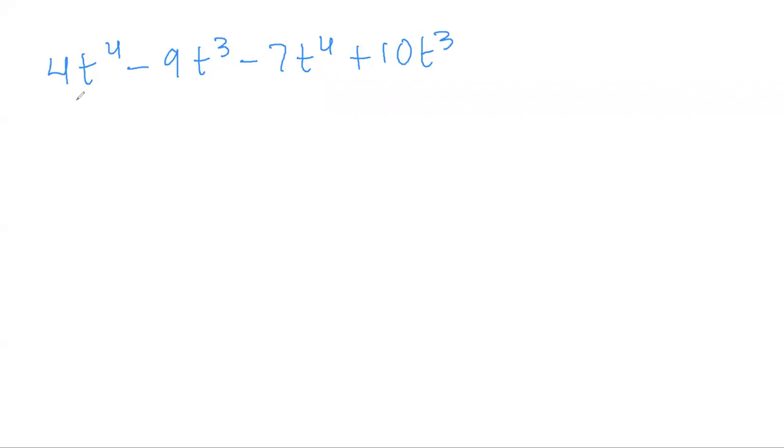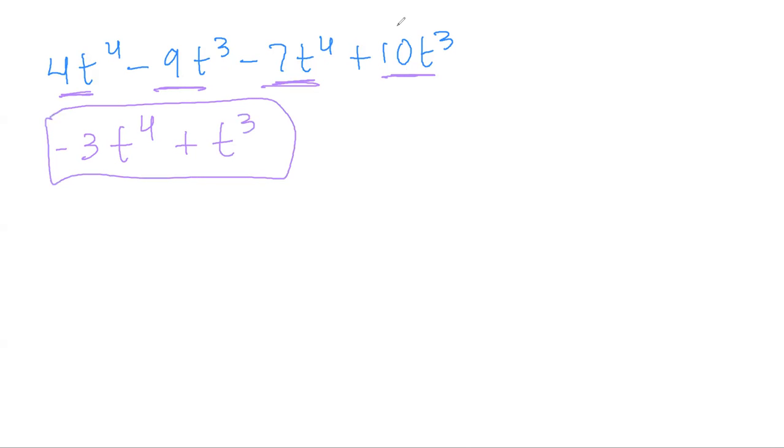I'm going to first combine my 4t to the fourth minus 7t to the fourth. So it's 4 minus 7, which is negative 3t to the fourth. And then next, I'm going to look at the negative 9t cubed and 10t cubed, so negative 9 plus 10, and that's just plus t cubed.